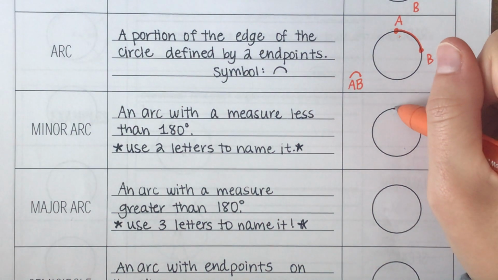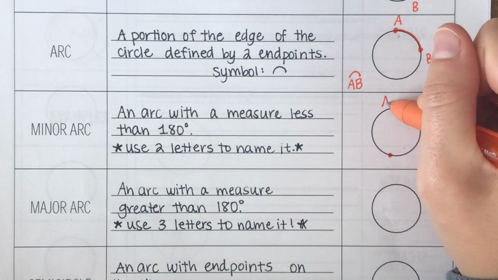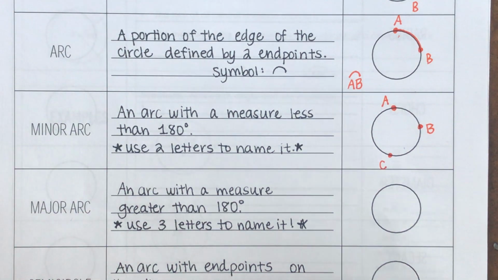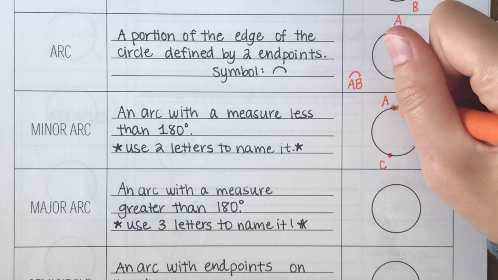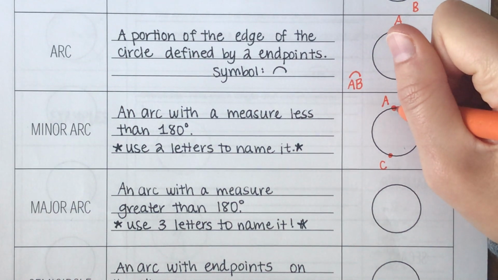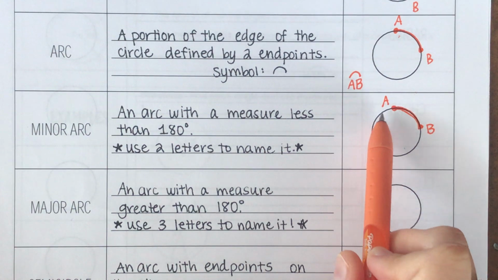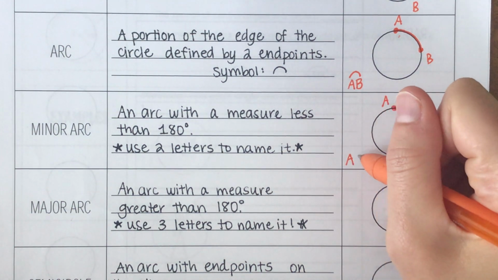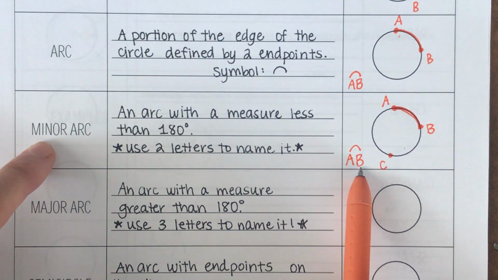For example, if I have 3 points on the circle here, A, B, and C, the minor arc would be this small piece from A to B. And that is definitely less than 180. 180 would be a straight line across, but this is just one little piece. So this is called arc AB, and we use two letters when it's a minor arc.